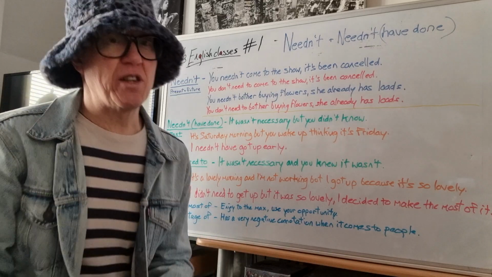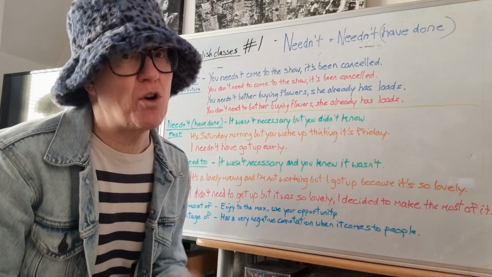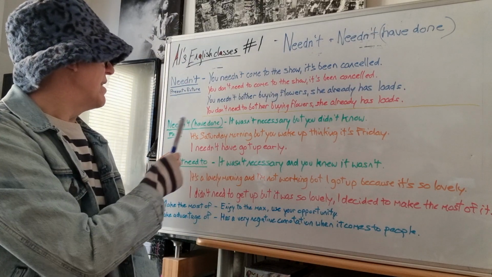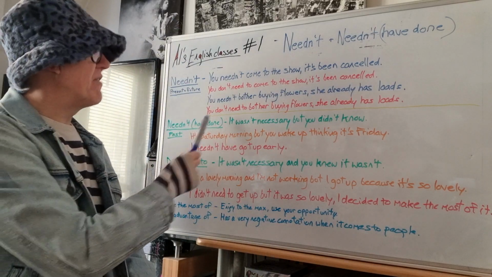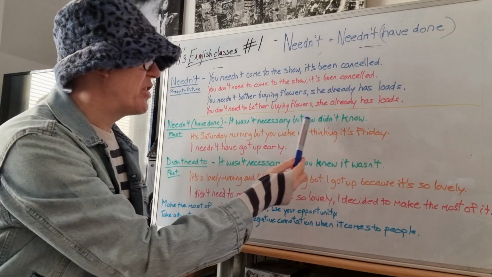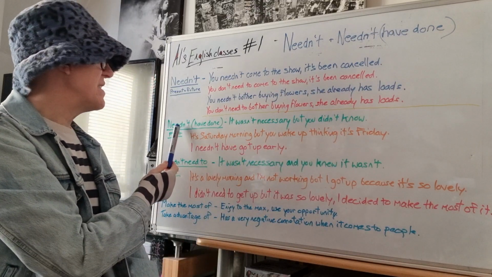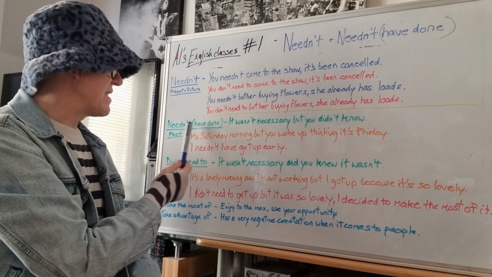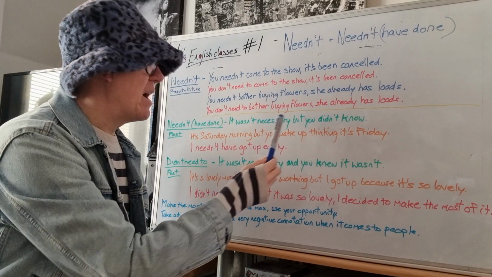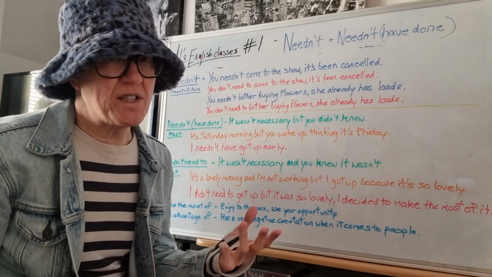Okay, now let's look at the past because the past is a little bit more tricky. So, needn't for the past plus have done, okay? It wasn't necessary, but you didn't know. So when you use needn't for the past, the meaning is it wasn't necessary, but you didn't know it wasn't necessary.